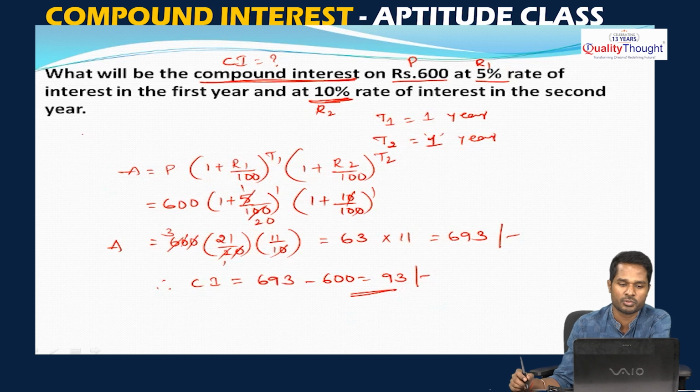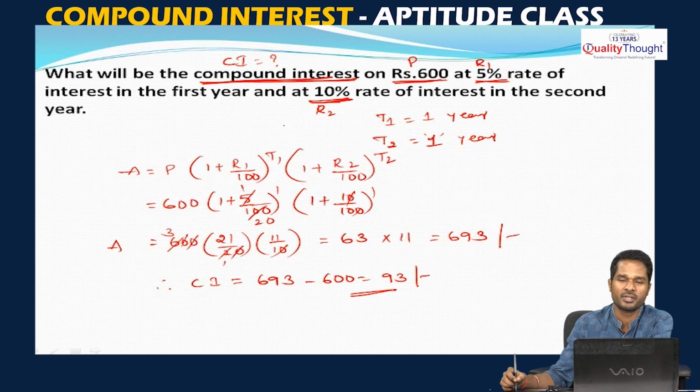See what we have done in this question: we were asked to find the compound interest. The principal amount is 600, and on this 600, 5% rate of interest is calculated in the first year and 10% in the second year.